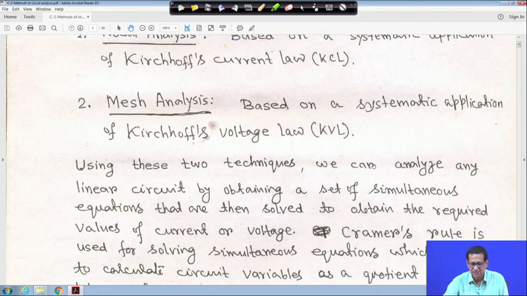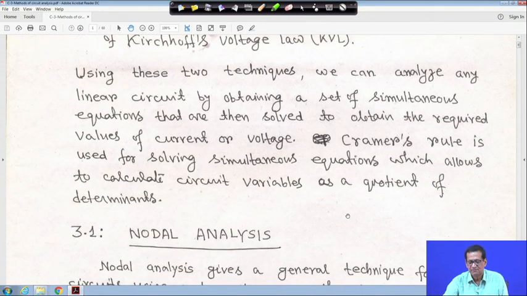Using these two techniques we can analyze any linear circuit by obtaining a set of simultaneous equations that are then solved to obtain the required current or voltage values. Cramer's rule is used for solving simultaneous equations, which allows us to calculate circuit variables as a quotient of determinants. We will see a little bit of Cramer's rule also.